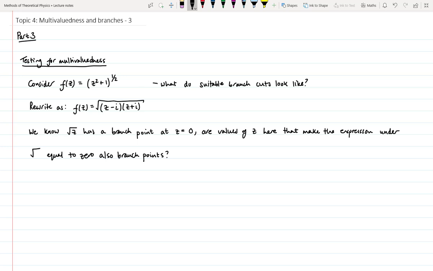That means for this function as written, we're asking the question, are z equals plus i and z equals minus i the branch points here?